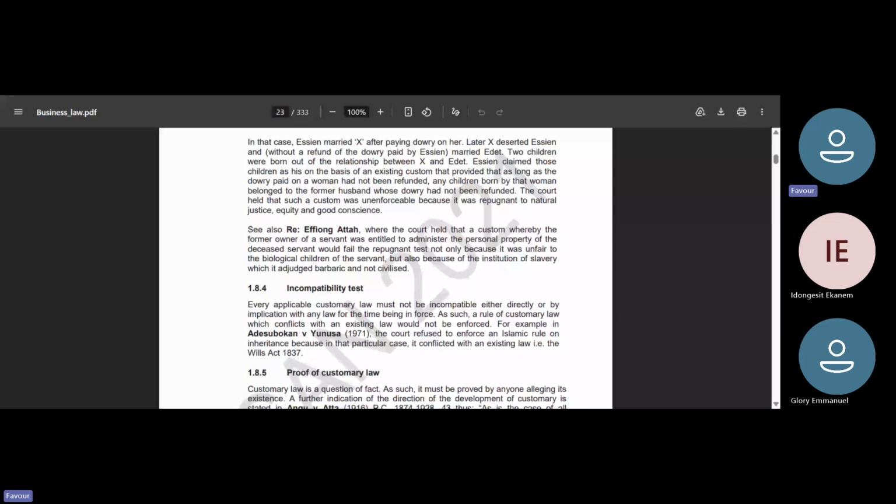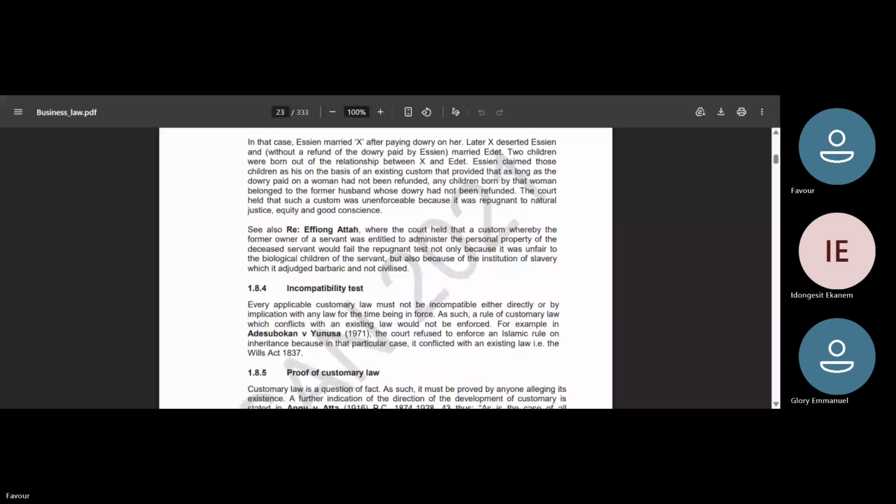the institution of slavery as a whole is a barbaric practice, and it is not civilized.